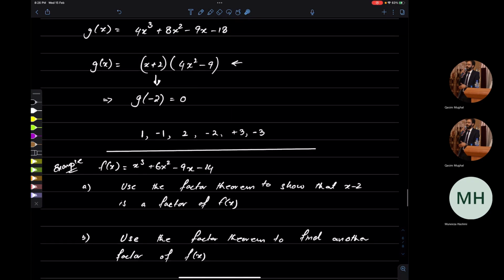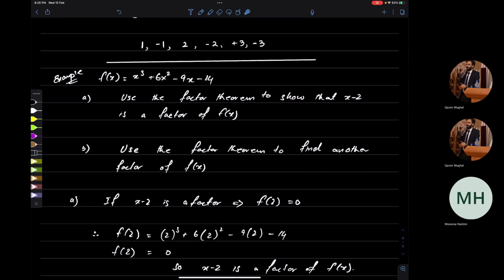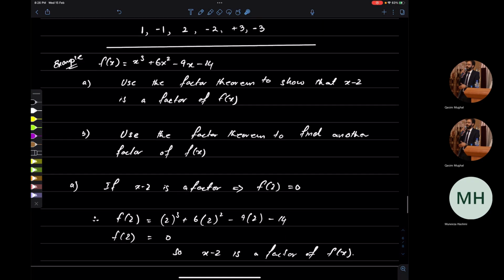As I stated up here, whenever this is the case, you start plugging in the numbers, starting from 1, and keep on going like this, plugging in one by one, and see which of these numbers gives you 0 as an answer. Whatever number is giving you 0 as an answer, that will be your jackpot. Now definitely you need to show your working in your exam.